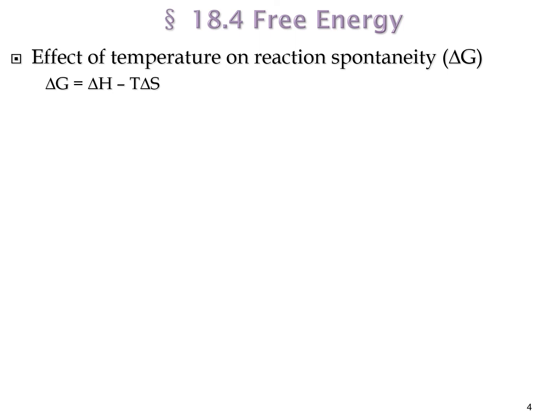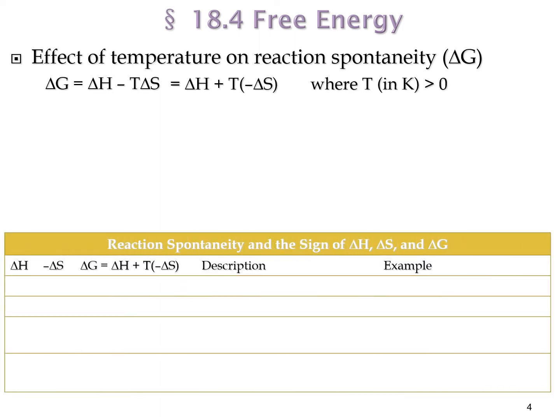Since it's a math equation, we can play a little bit of manipulation. So say we can have delta H plus T times negative delta S. Why am I doing this? Because I want to isolate T out, because T is a temperature. In the unit of Kelvin, T is always positive.